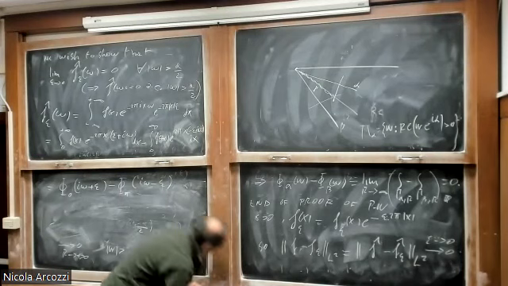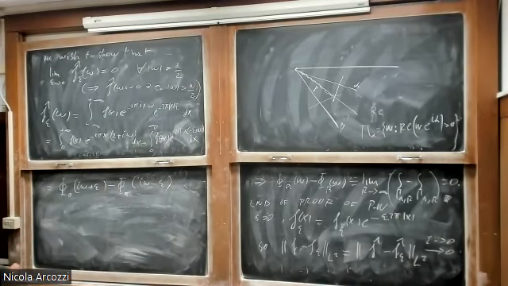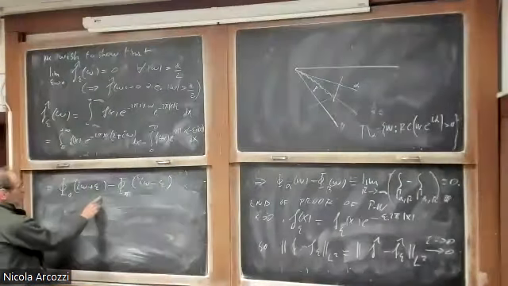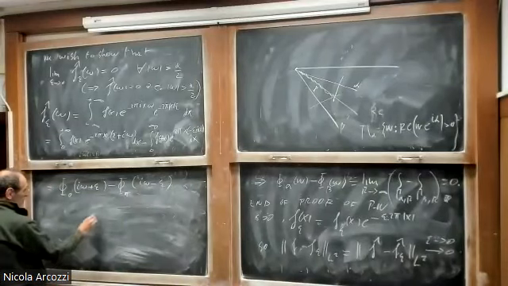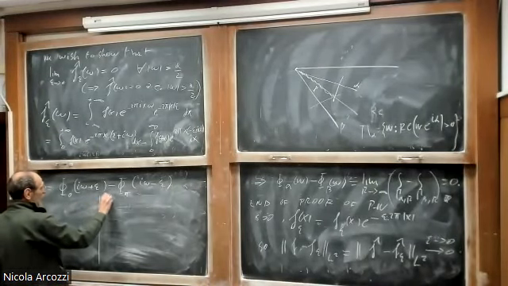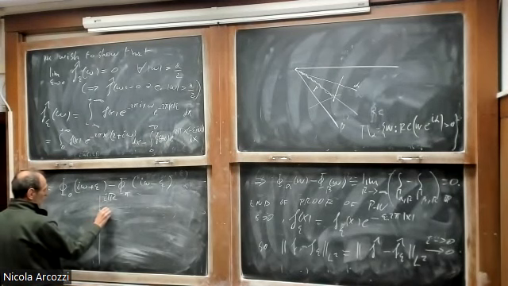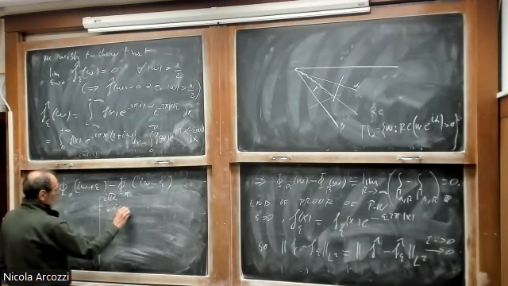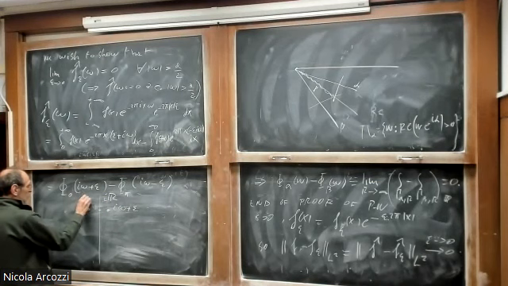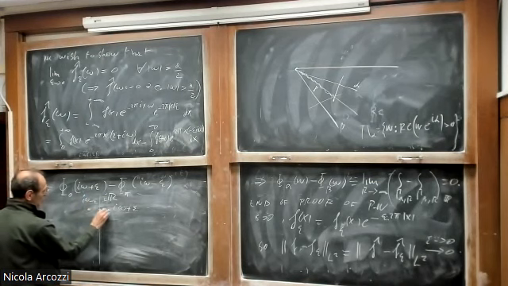Suppose omega is positive. So this is i omega plus epsilon, and this is omega minus epsilon.